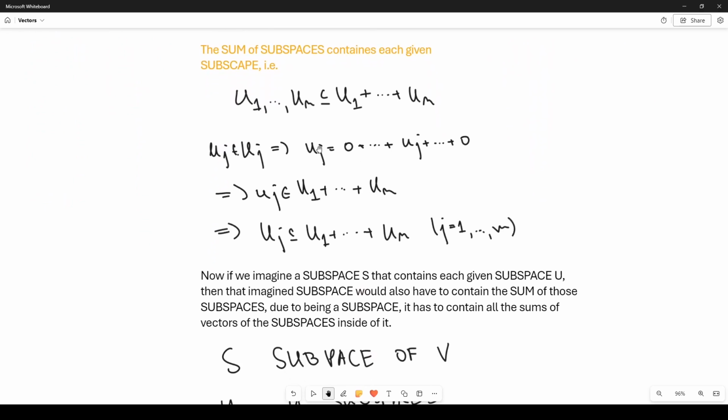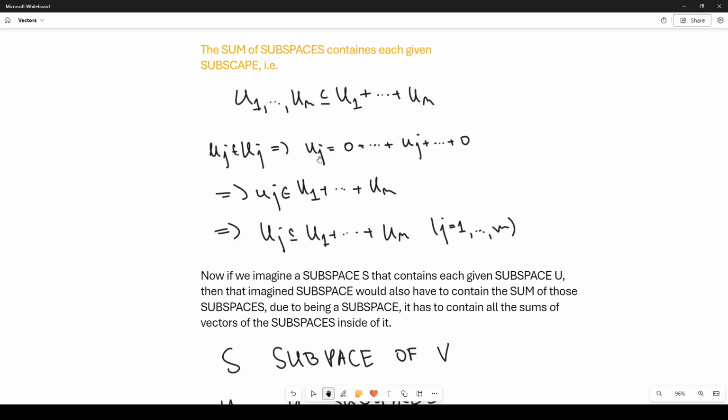Now, we show the following. The sum of subspaces contains each given subspace. So U1 is a subspace of the sum, Un is a subspace, and so on. How to show this? Well, just take some vector uj from the corresponding subspace, big Uj, and I can write uj in the following way: zeros plus uj plus zeros. And now since all of my U's are subspaces, they all contain the zero vector.